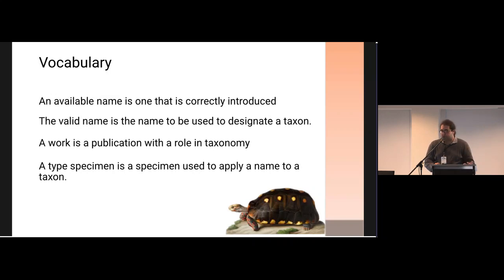The equivalent in botany is a validly published name. A valid name in zoology, however, is the one that is to be used to designate a taxon, especially when there is competition between many names. This valid name in botany is the correct name. A work is a publication that has a role in taxonomy or nomenclature, and a type specimen is a specimen that is used to know how to apply a name to a taxon.